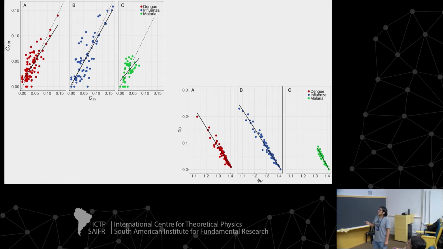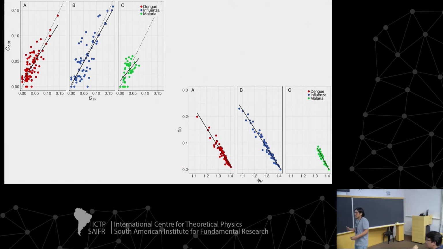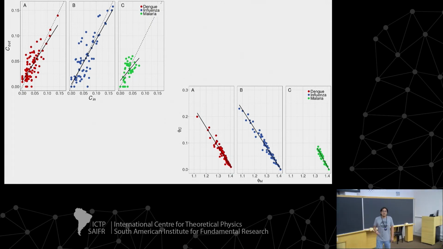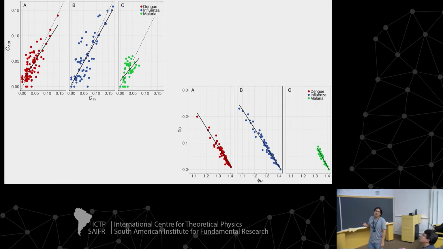This differentiation, in my interpretation of these results, is due to the seasonality of the diseases. The seasonality of influenza is playing an important part. Malaria did not have a seasonality in the data that we used.